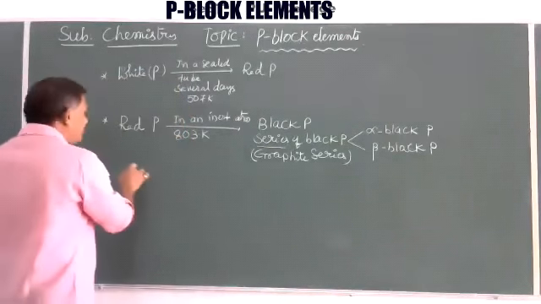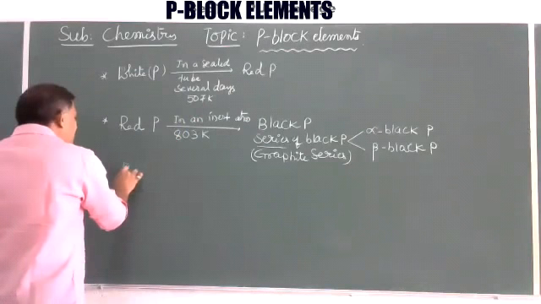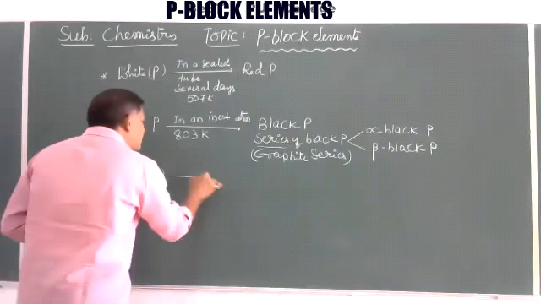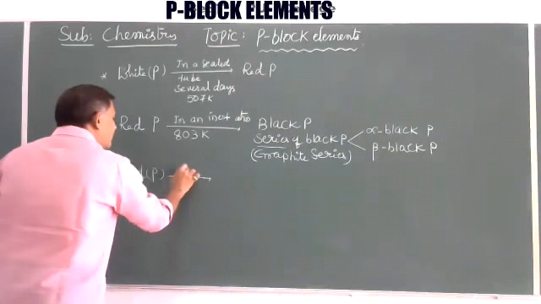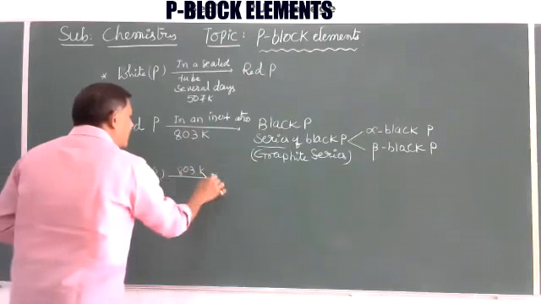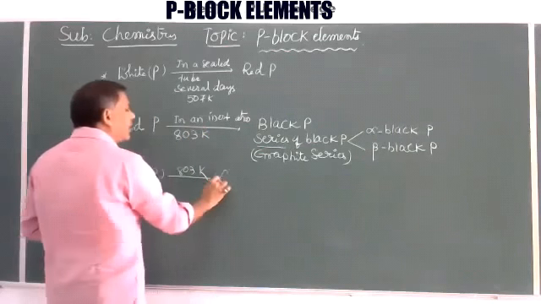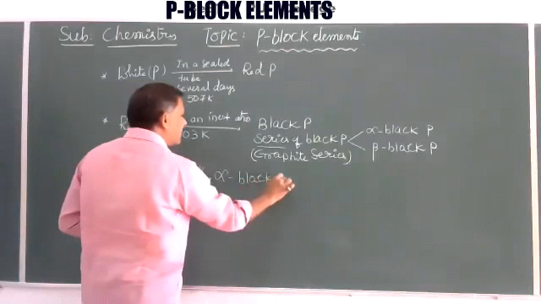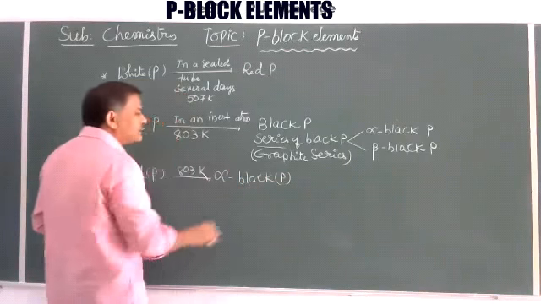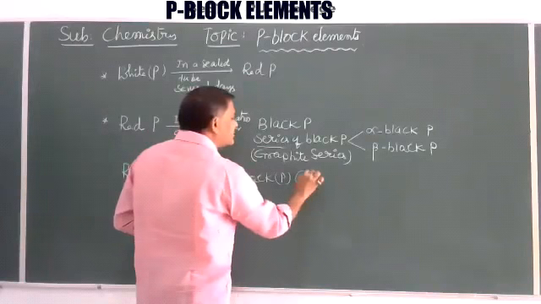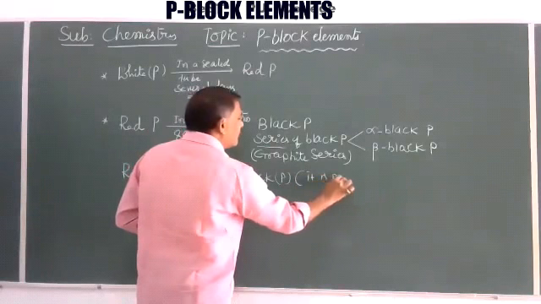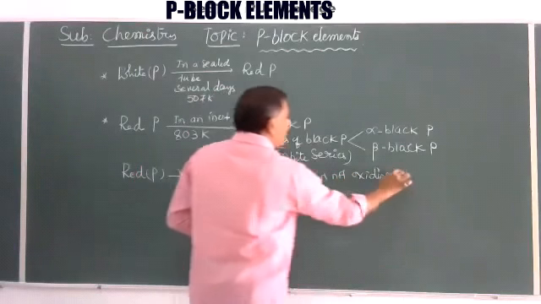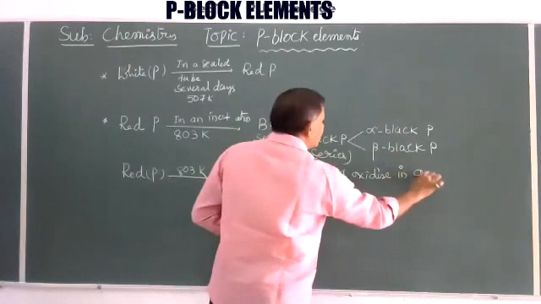Again now, particularly here red phosphorus is heated under this temperature 803 kelvins, particularly in a sealed tube. We'll get the alpha black phosphorus, alpha black P. This alpha black P is not oxidized easily in air.